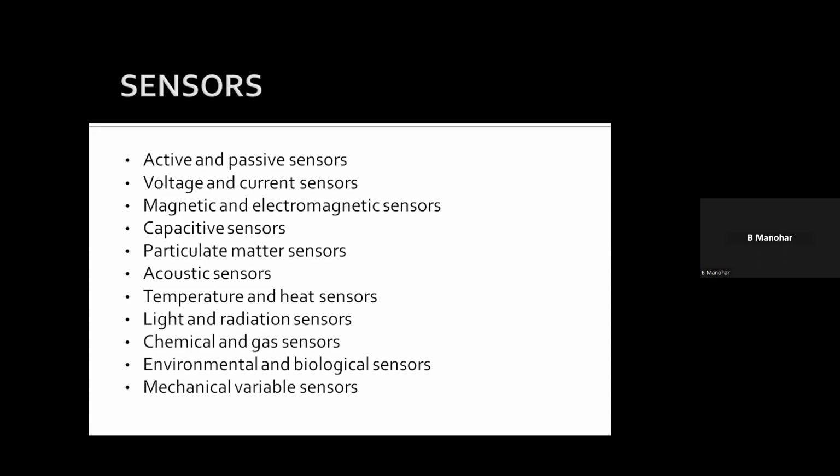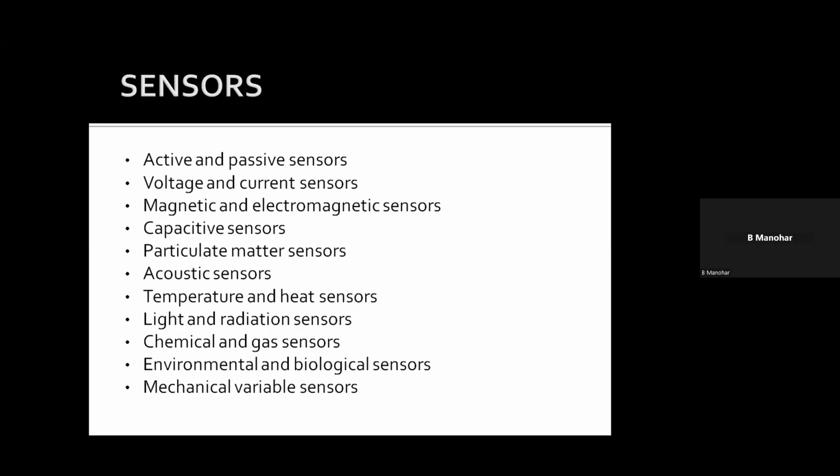There are two types of particulate matter, PM10 and PM2.5. PM10 is the particulate matter which has a diameter of 10 micrometers. On the other hand, PM2.5 means the particulate matter which has 2.5 micrometers of diameter. And acoustic sensors are nothing but the sensors which can detect sound or noise levels in the environment.